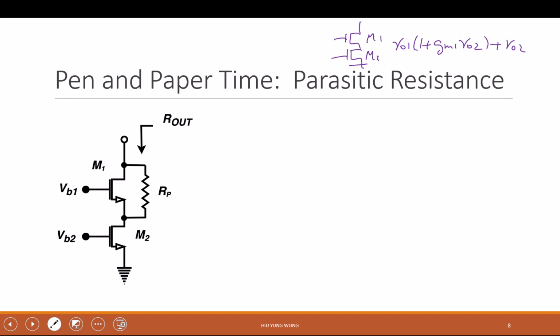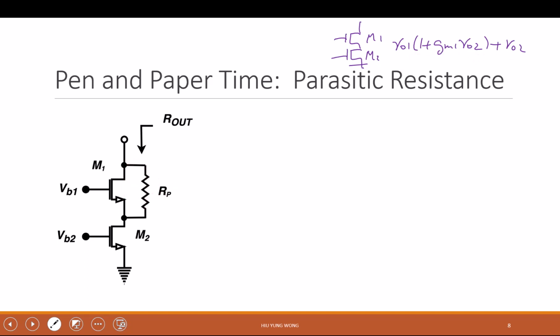And naturally, I gave you this, it must be related to this equation, right? So a hint is, how is this RP related to RO1?